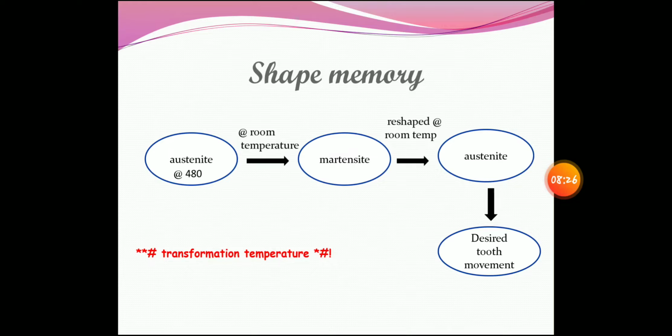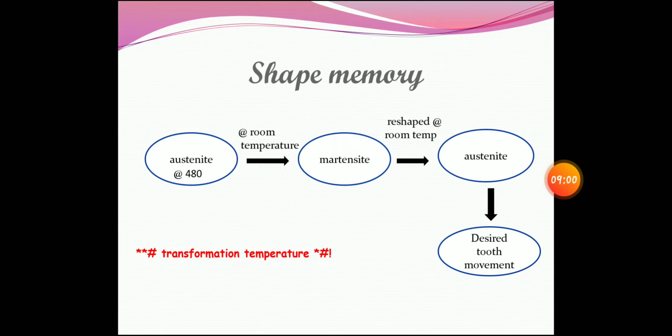After that, at room temperature, when it undergoes some manipulation or cold working by the clinician, it gets retwinned or reshaped to the austenite form, because of which there will be tooth movement from the release of this energy, because of the conversion of martensite to austenite. So the desired tooth movement will happen.